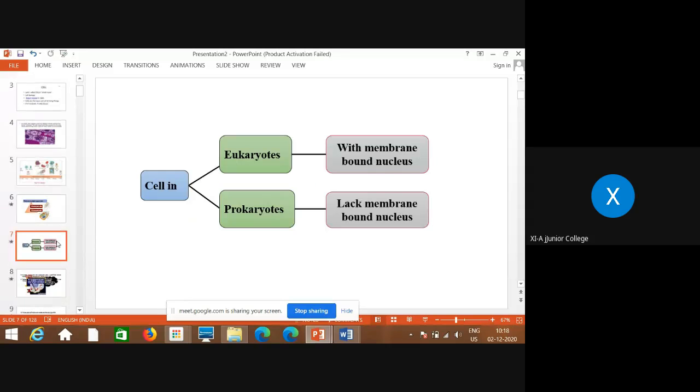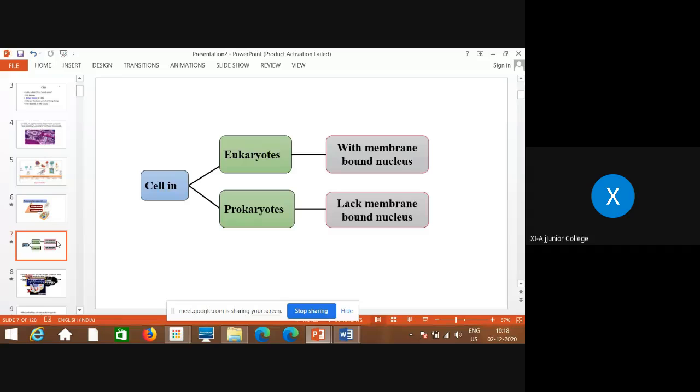So prokaryotes and eukaryotes are differentiated by a very specific point, that is, with a membrane bound nucleus and without a membrane bound nucleus. This is the major point with which cells have been divided into these two categories.